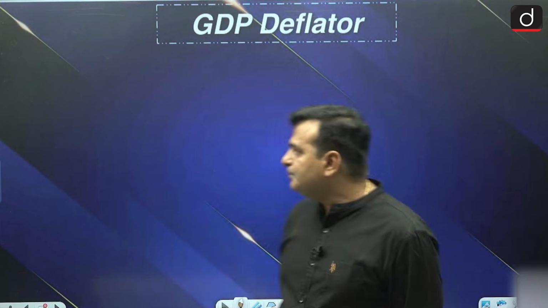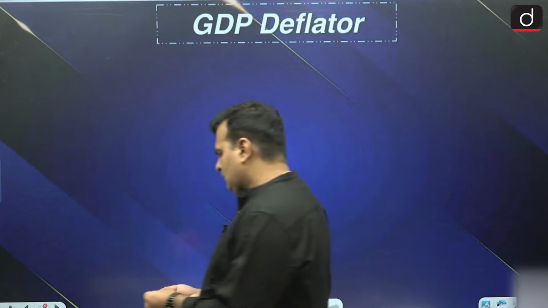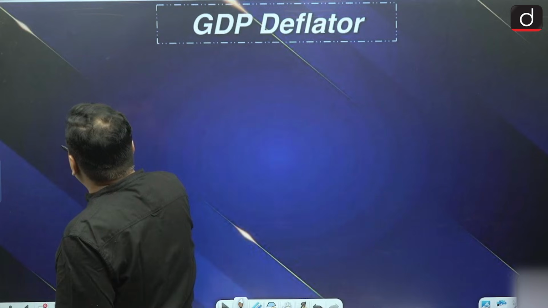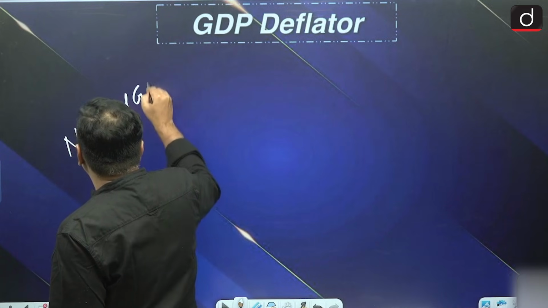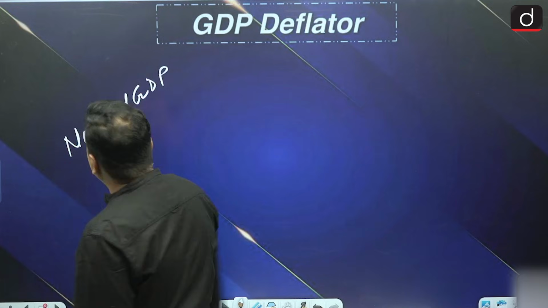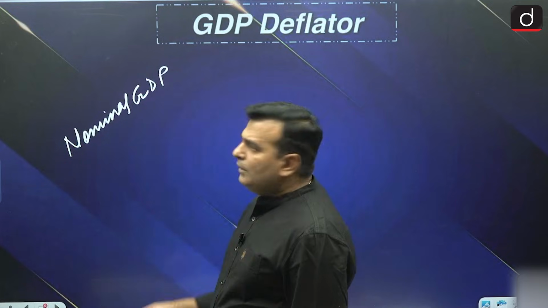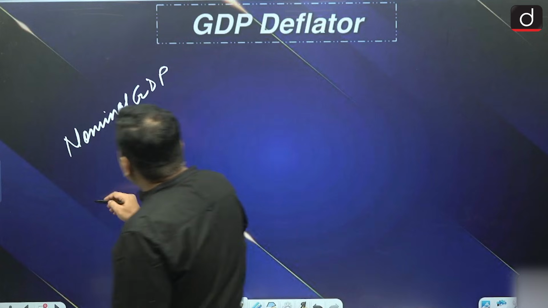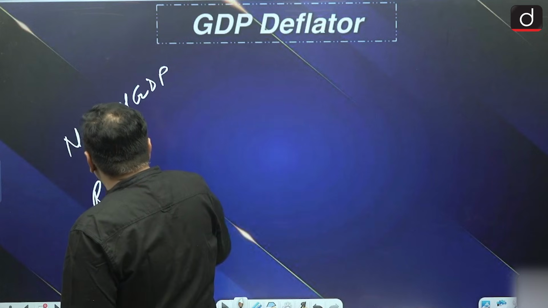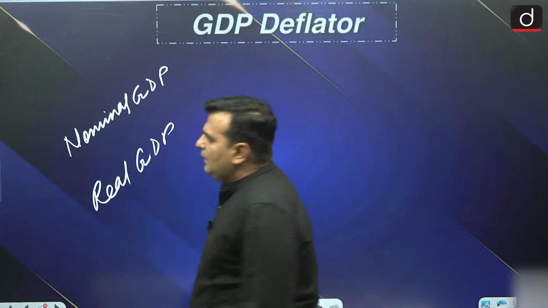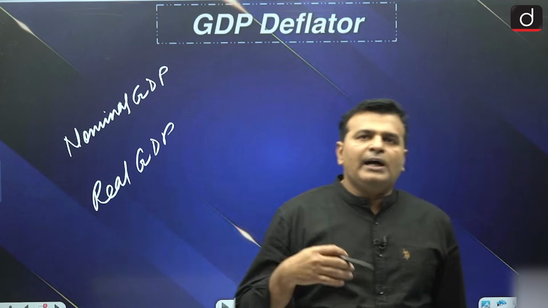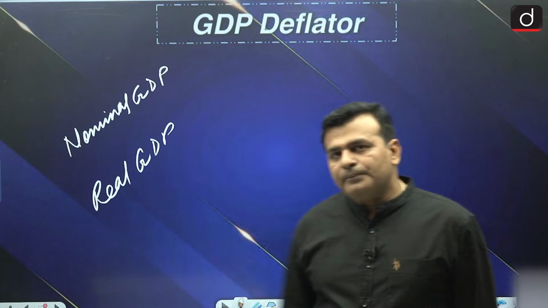For example, you must be aware of what exactly nominal GDP is, what exactly real GDP is, and how exactly they both are different from each other.